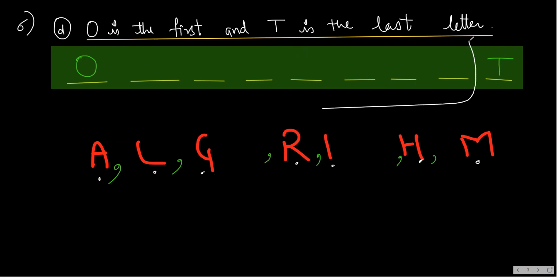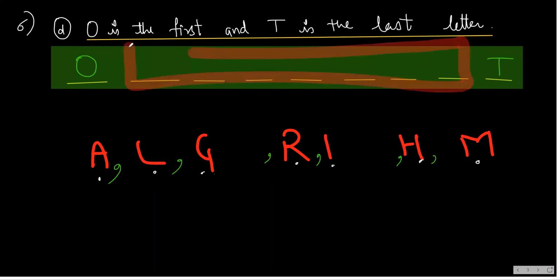And how many places are there? There are 7 places. So you know, student, that these 7 letters can be arranged in 7 places in 7p7, that is 7 factorial ways.